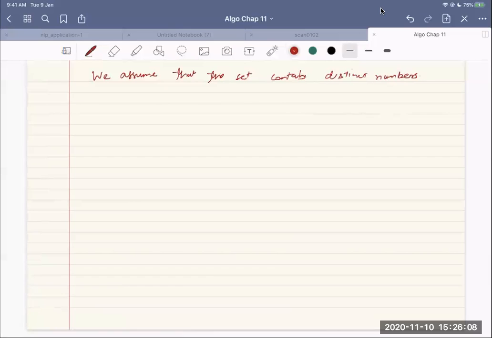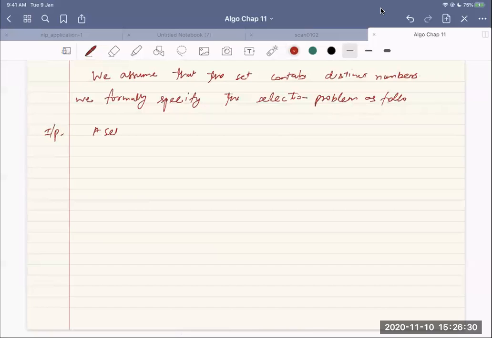Then we can formally specify the selection problem. Your input is a set A of n distinct numbers and an integer i, and we know i is between 1 and n.